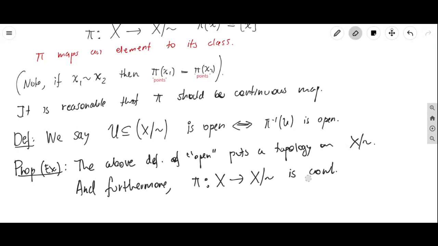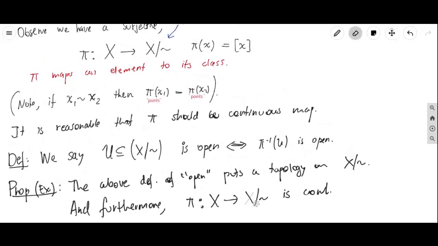The fact that it's continuous follows immediately from the definition, because if you pick an open set in here, by definition, an open set is something that pulls back to an open set. So the topology is put on here specifically so that the projection map is continuous. So it's clear it has to be continuous. The only thing you have to check is that this way of defining an open set puts a topology on the equivalence classes. So now we have a topological space.